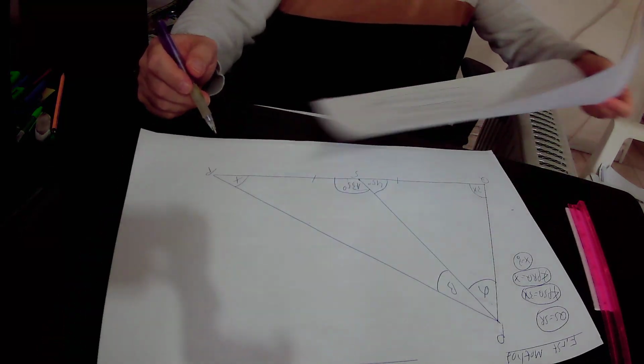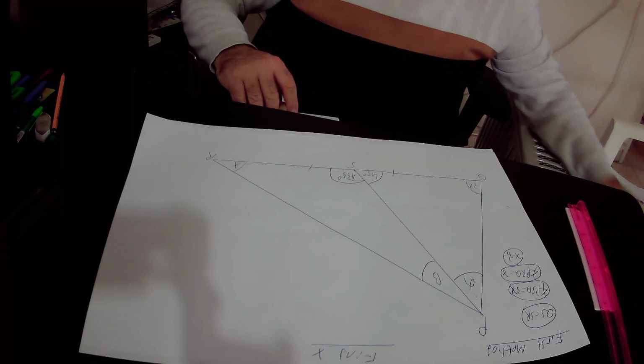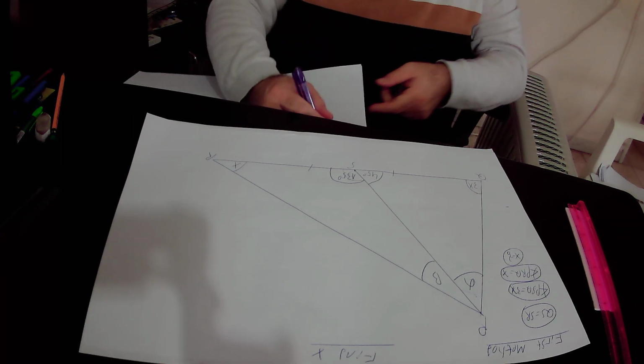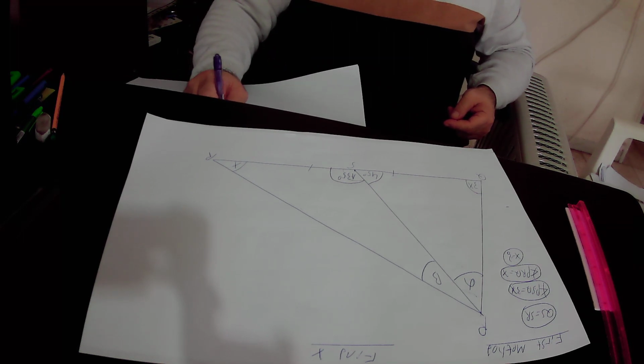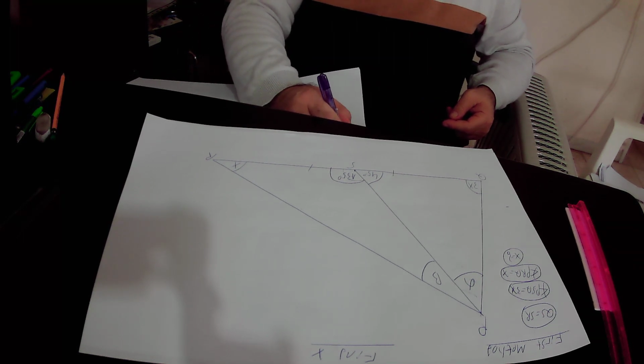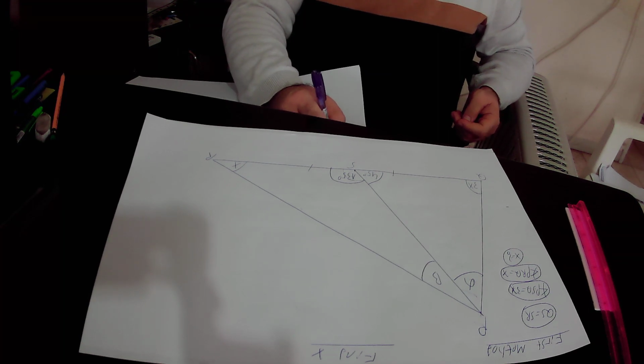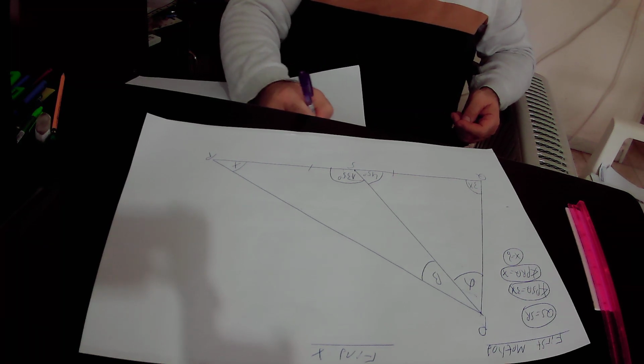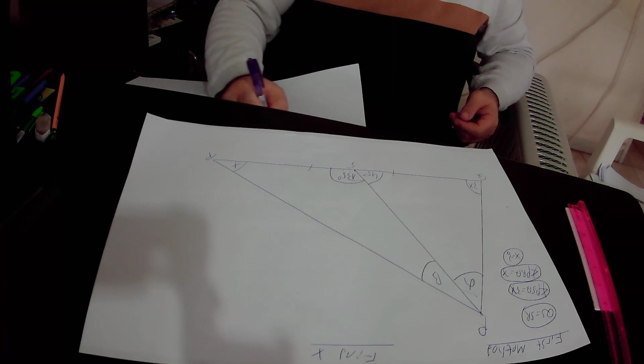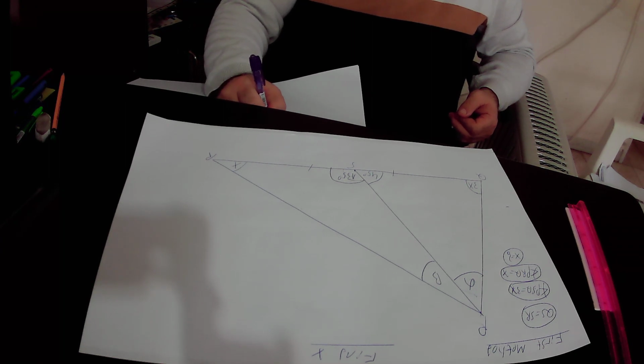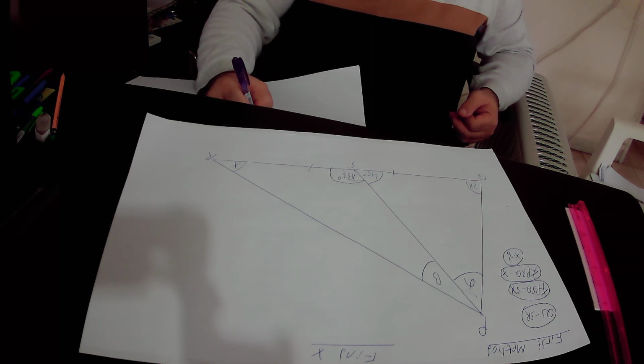So we'll do it now, and we will get that according to equation number 1, sine 3x over sine (3x plus 45 degrees) equals sine x over sine (45 degrees plus x).